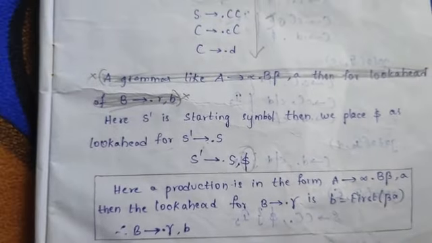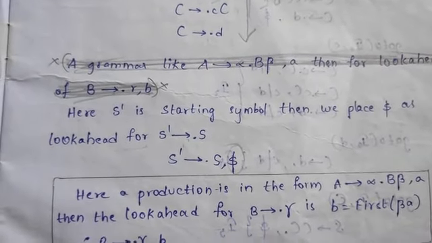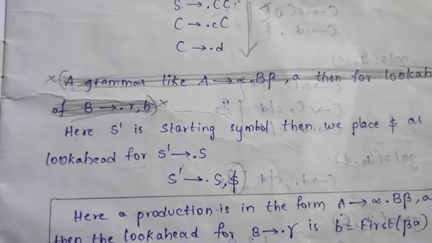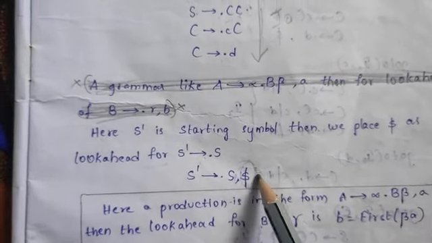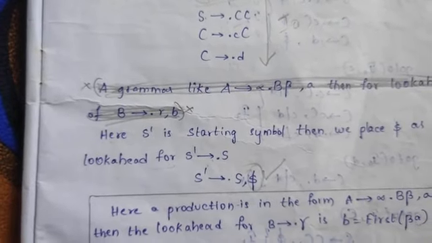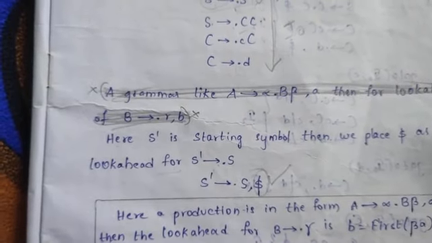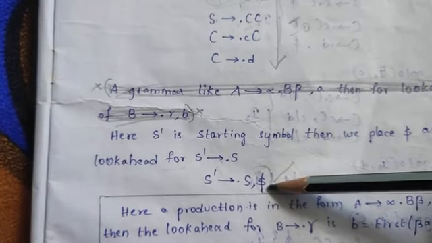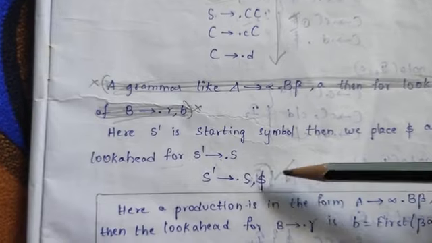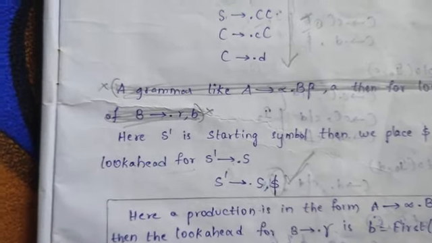If you are taking this as the starting production, here that is S dash tends to dot S. This production is the starting production, the root element production. So for the starting production we place dollar as the default look ahead. So S dash tends to dot S comma dollar is the first production.